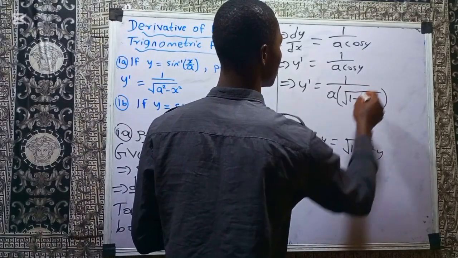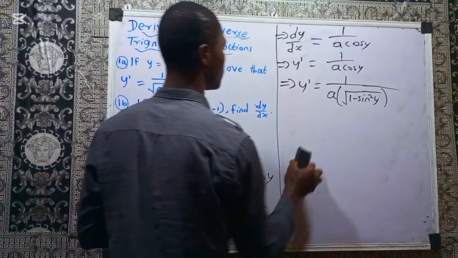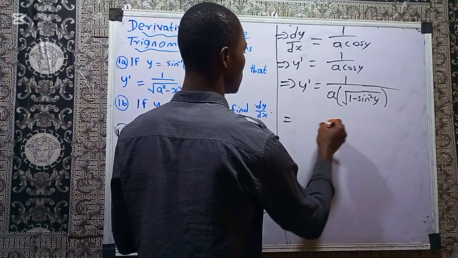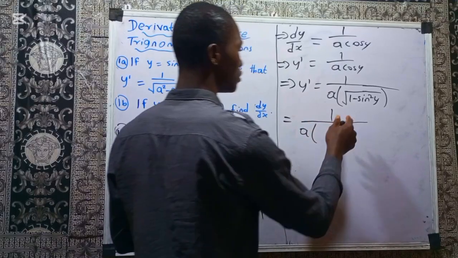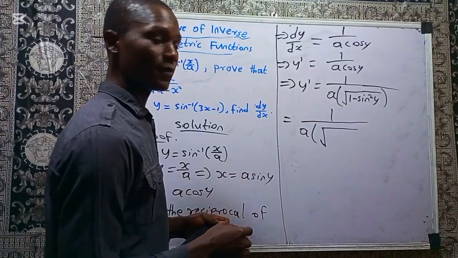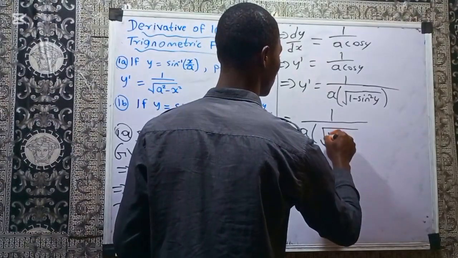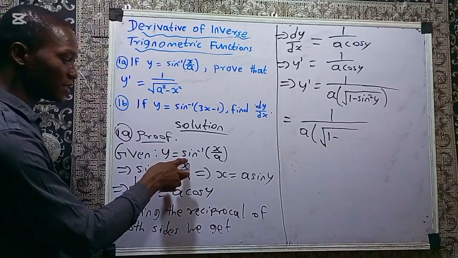Can I close this with a bracket? So this will be equal to 1 over a into square root of, but what we have first is 1 minus, what is sine y? Sine y is x over a.